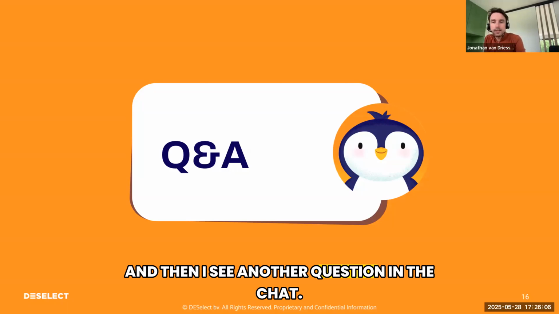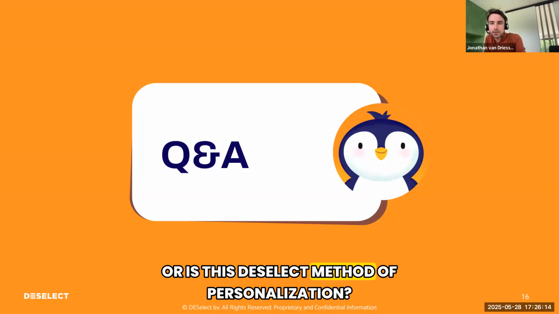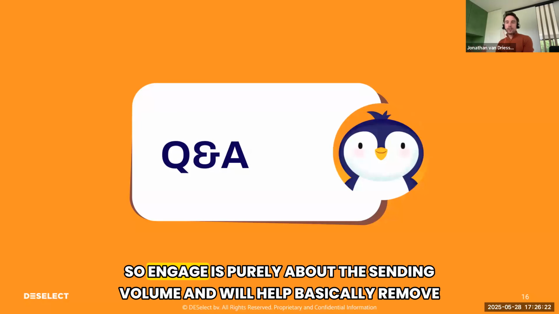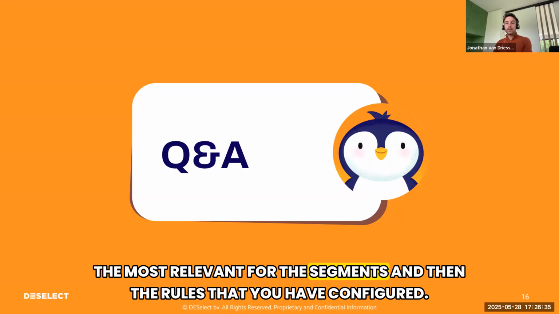And then I see another question in the chat. How is this different from Marketing Cloud personalization? Or is this Deselect method of personalization? So Engage is purely about the sending volume and will help basically remove people from certain sends based on prioritization, based on what it knows is the most relevant for the segments, and then the rules that you have configured.